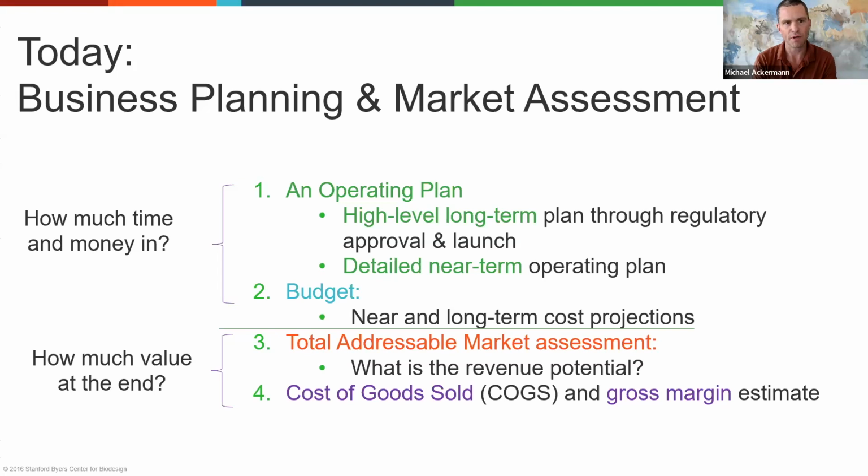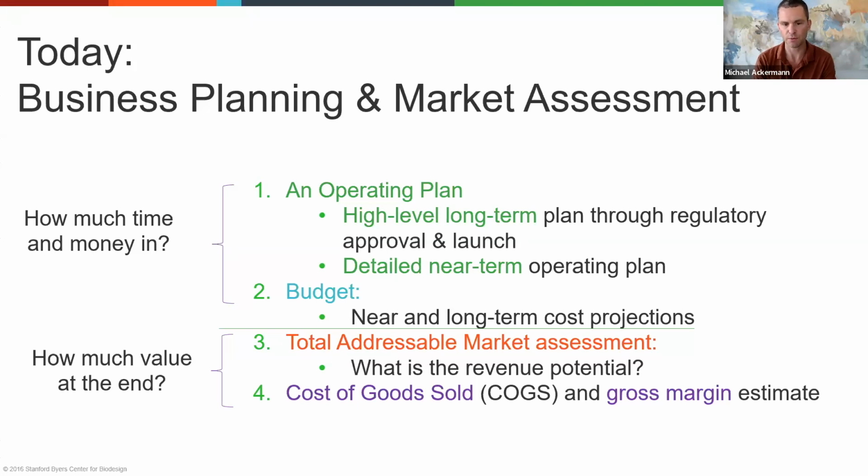Today, we're going to talk about a couple of essential tools for any business or any product planning. And that's how to build on the tool side an operating plan and a budget, and then how to assess the total addressable market and essentially what's the revenue potential for this product, and then how profitable is that revenue.